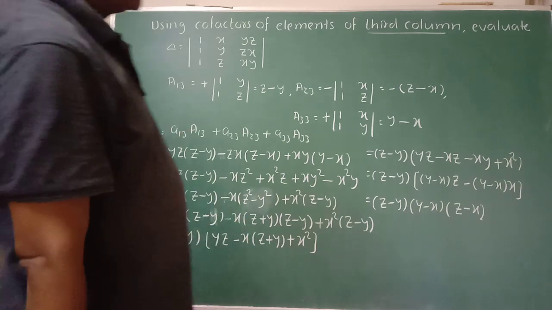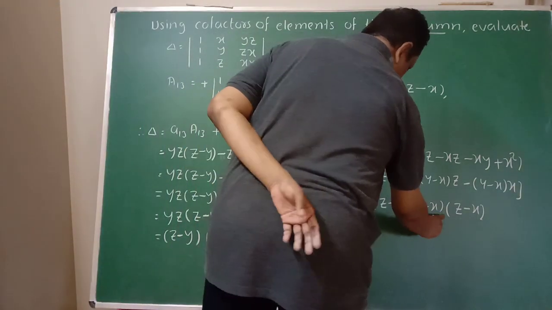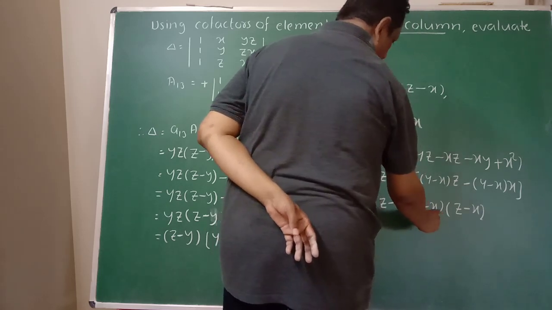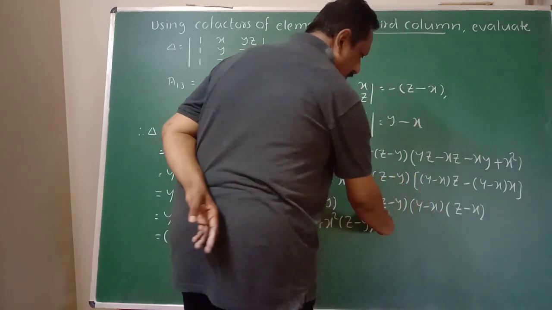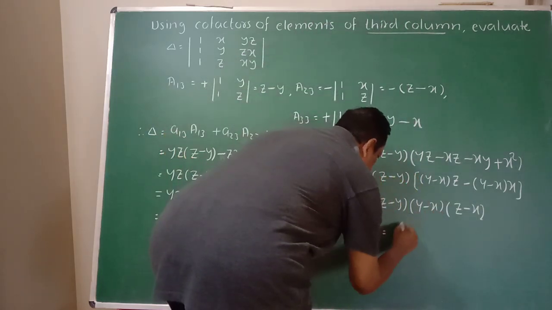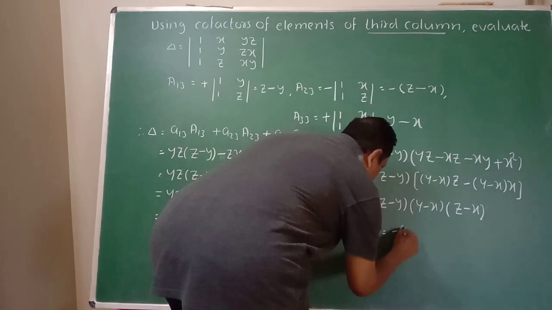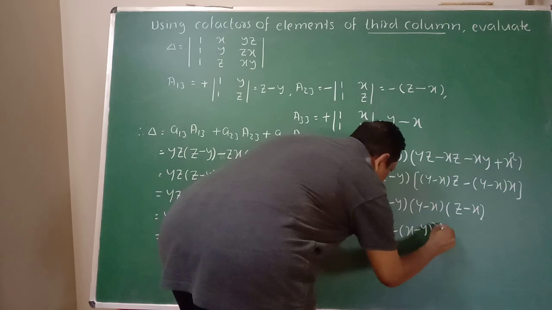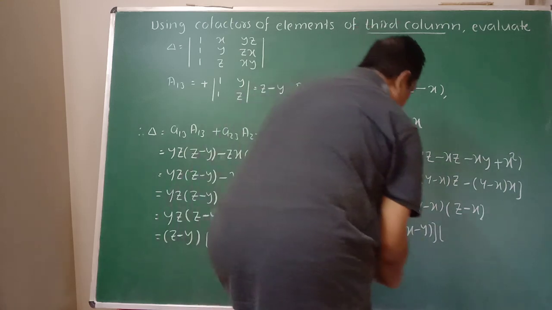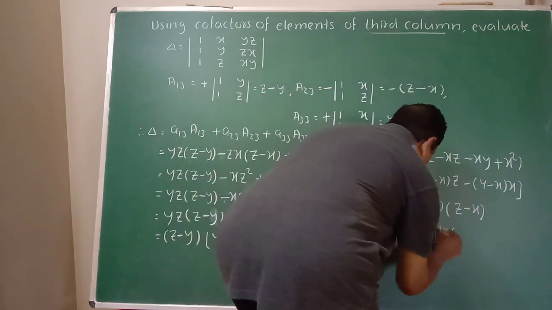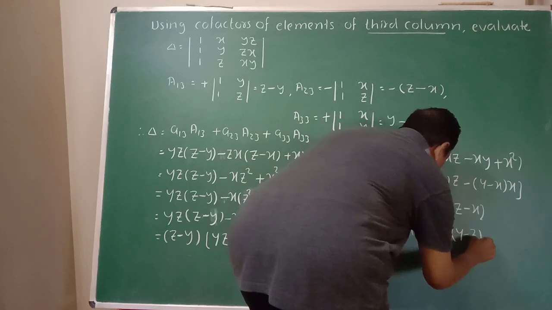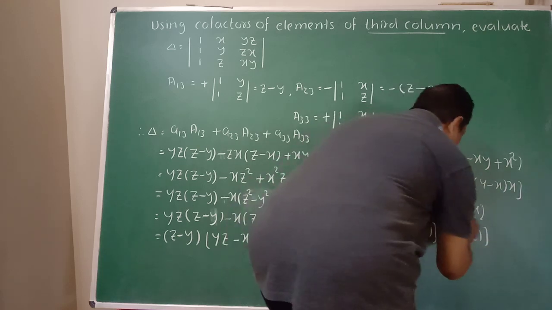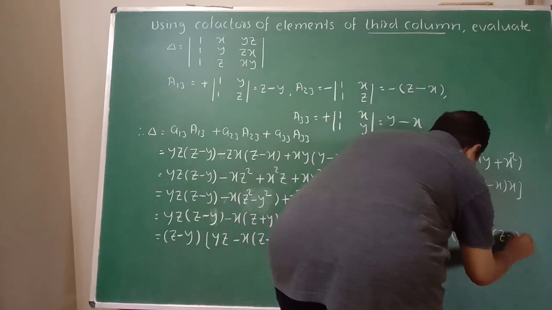Even you can take a minus common here. Here I take a minus common factor. Then here also take minus common. Therefore minus of x minus y, and here minus common factor, then y minus z, bracket complete, and z minus x.